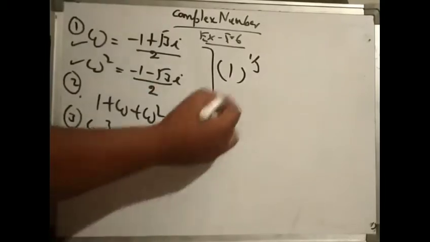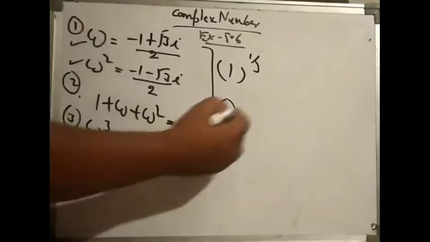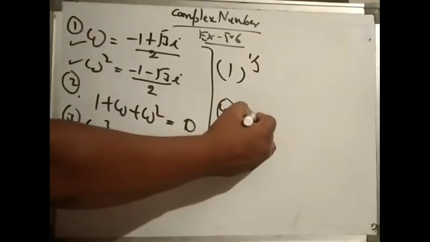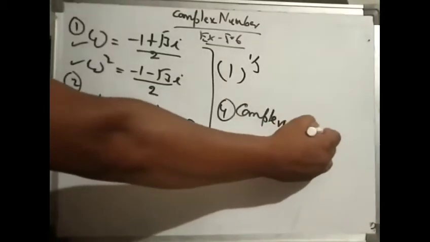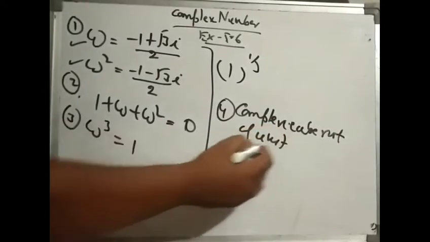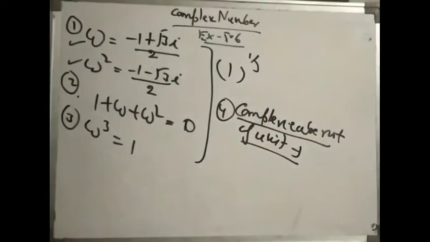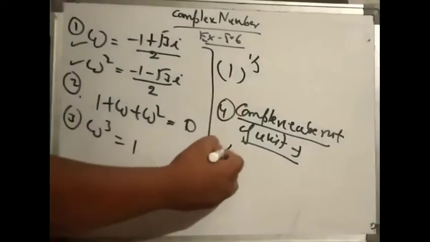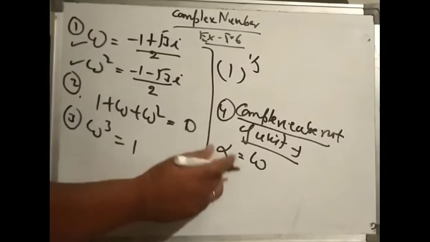Now one more thing: if in any question it is written that alpha, beta are the complex cube roots of unity, then simply you have to write omega in place of alpha, and omega square in place of beta.